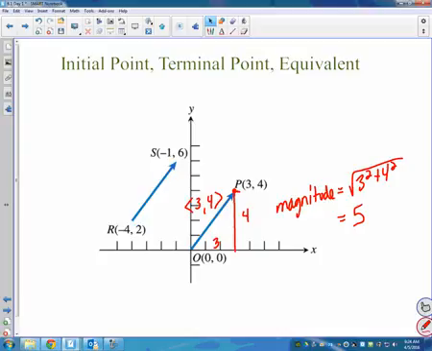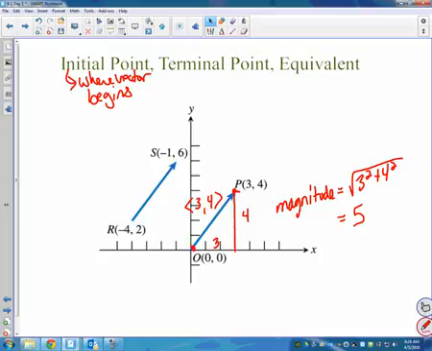So, initial point, terminal point, and equivalent vectors. The initial point is where the vector starts. Initial point, where the vector begins. We really like our vectors to start at the origin. We're going to deal with one that doesn't in a minute and figure out how to get right into component form. So most of the time our vectors are going to start at 0, 0, and that would be my initial point.